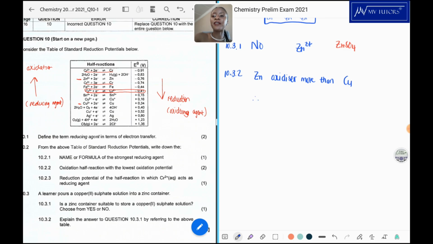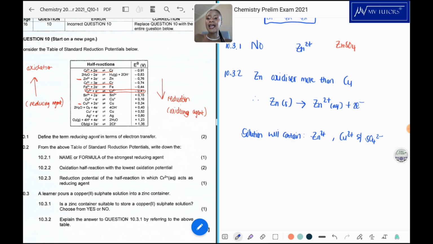Therefore, you will have your zinc solid, and looking at our standard reduction table, it will then form zinc ions. That's basically what's going to happen. And now your solution will contain zinc ions, copper ions, and sulfate ions.